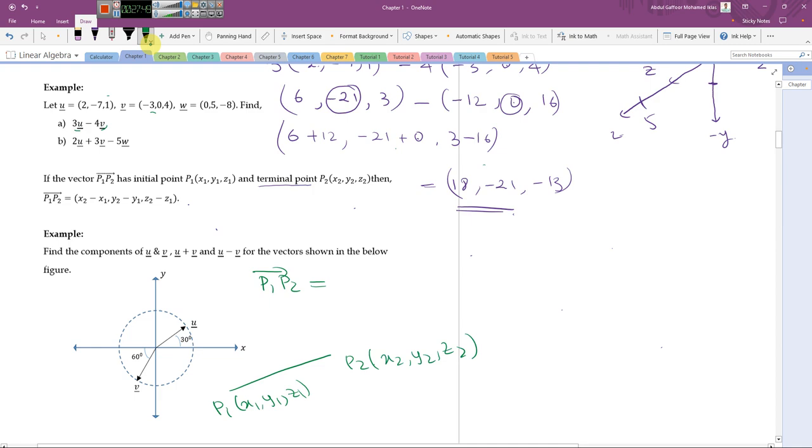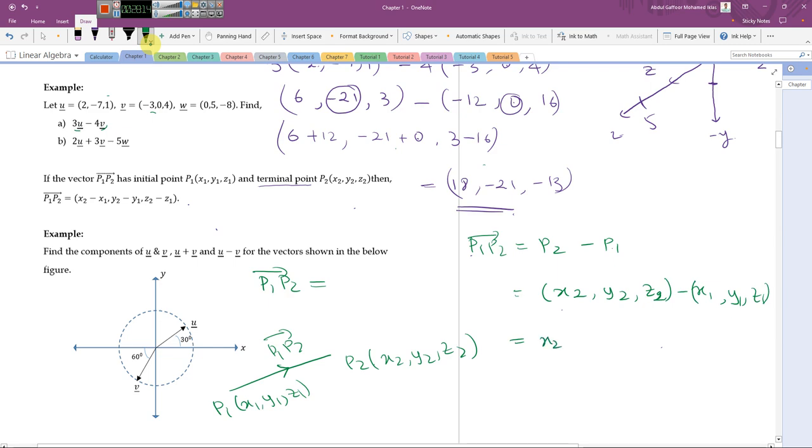Then p1 p2 vector can be written as p2 minus p1. So p2 minus p1 is nothing but x2 comma y2 comma z2 minus x1 comma y1 comma z1.